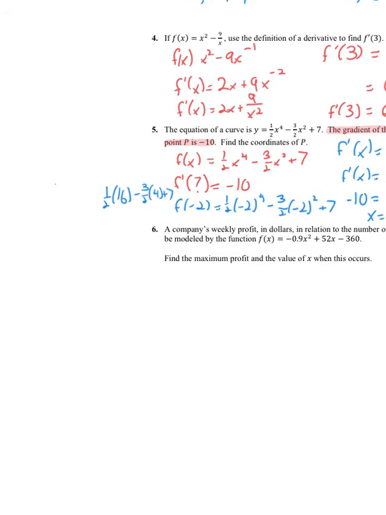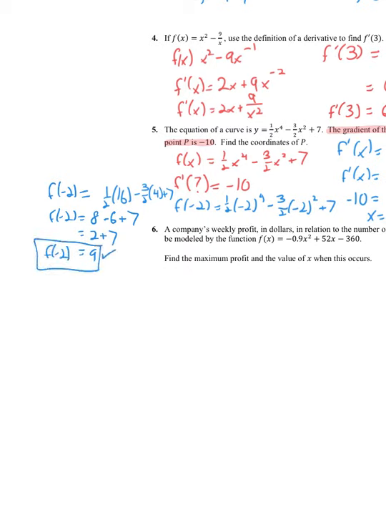I did not give myself enough room. I apologize for that. So I get 8 minus 6 plus 7, which is 2 plus 7, which is 9. So I proved it algebraically.